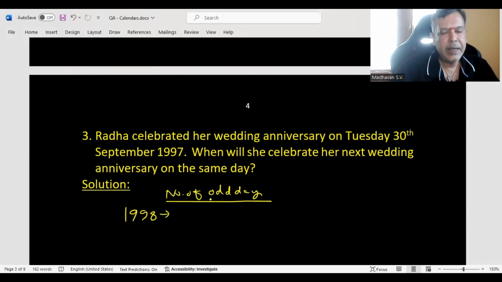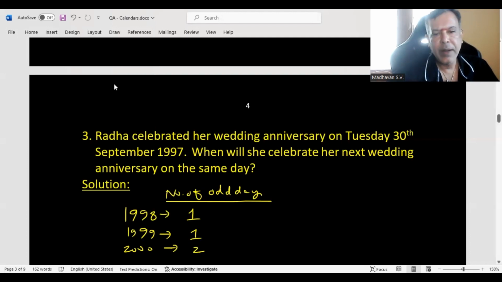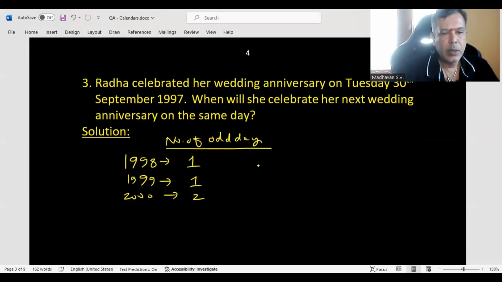Year 1998 is a non-leap year, so it is 1. 1999 will also be 1. 2000, it is a leap year, so you will have number of odd days 2. Then 2001, 1 odd day.